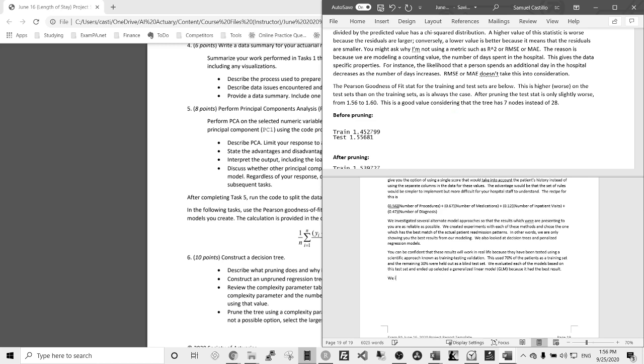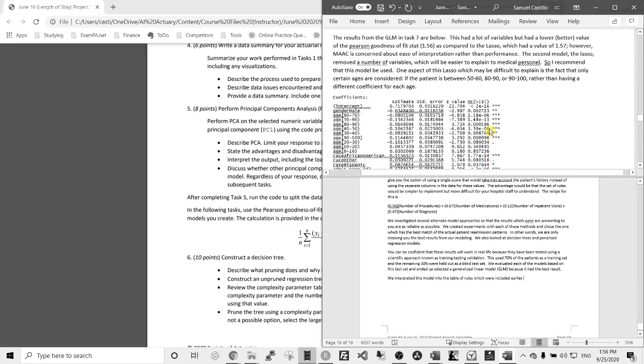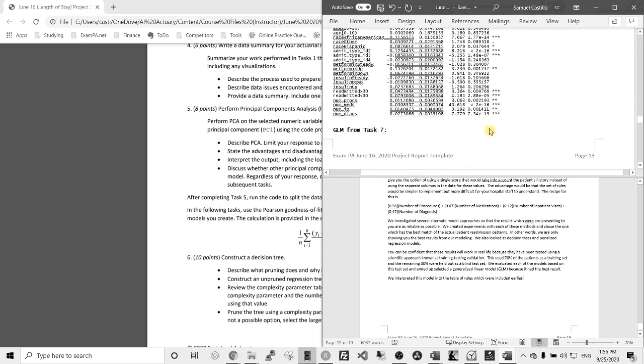We interpreted this model into the table of rules, which we included earlier. So now we're down to task 7, where we selected the GLM and we selected the features.